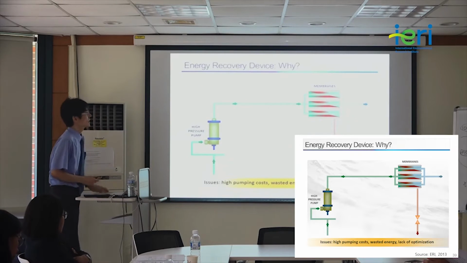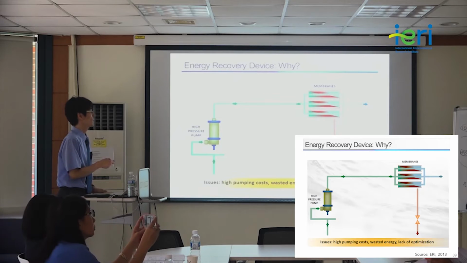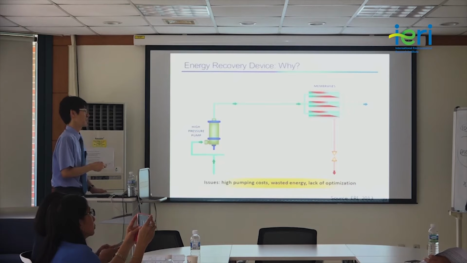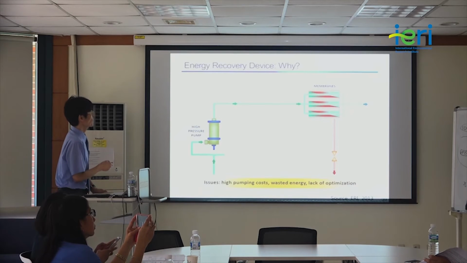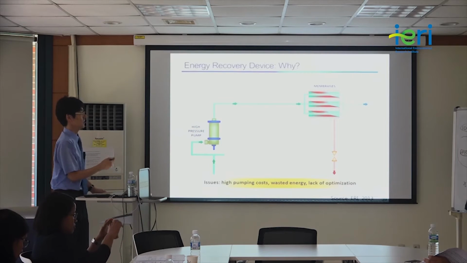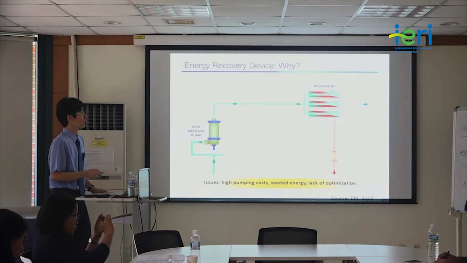So this is the case, as I already explained, of the reverse osmosis system without any energy recovery device. This is the high pressure pump, and we increase the pressure of the feed, and a lot of energy is introduced to this system.